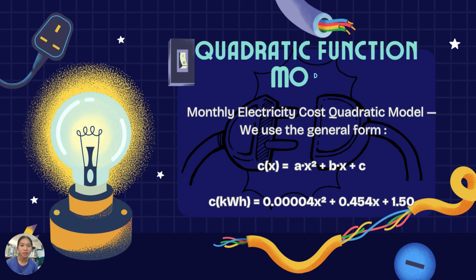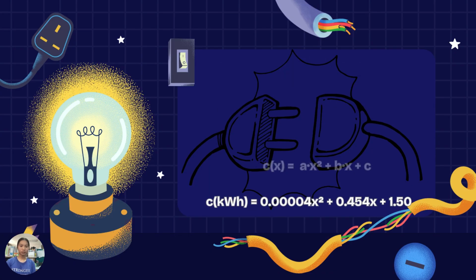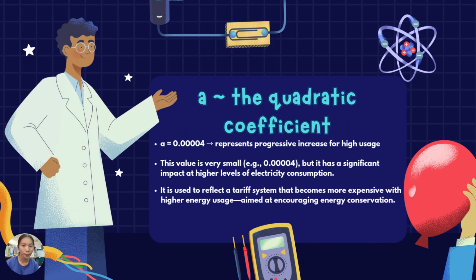My name is Venita Sani. I want to continue our presentation by introducing our quadratic function model. We use the general form C(x) = ax² + bx + c, where a = 0.0004, b = 0.454, and c = 1.5. a is the quadratic coefficient, which represents a progressive increase for high usage.